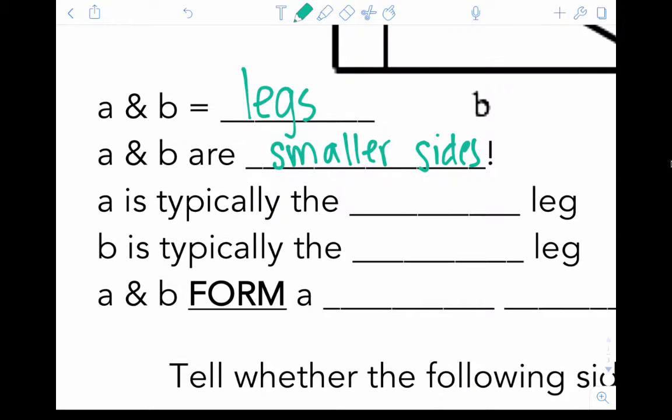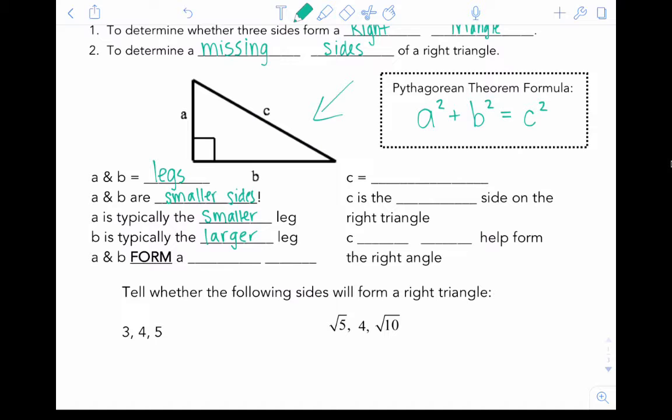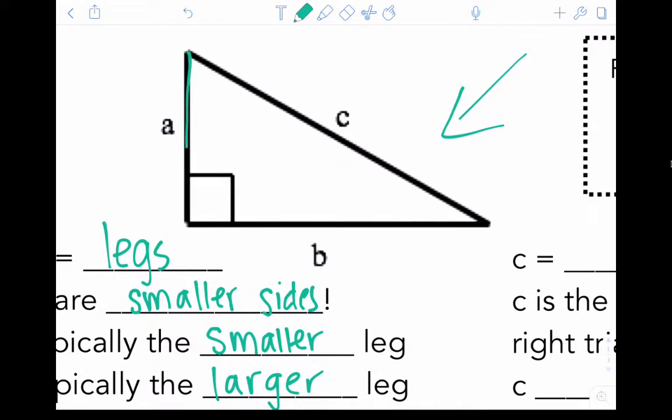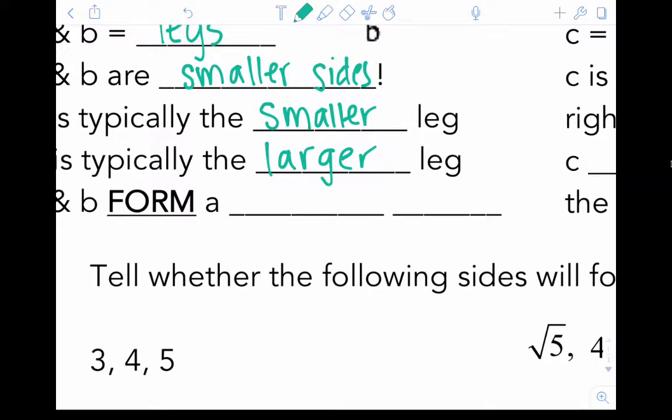A is typically the smaller leg of the two, and b is typically the larger of the two. It does not have to be that way, but that's typically how they get named. A and b come together to form a right angle. So here's a and here's b, and they form this right angle when they meet. The two legs of a right triangle will always do that.